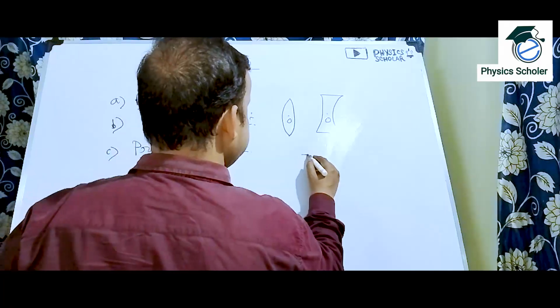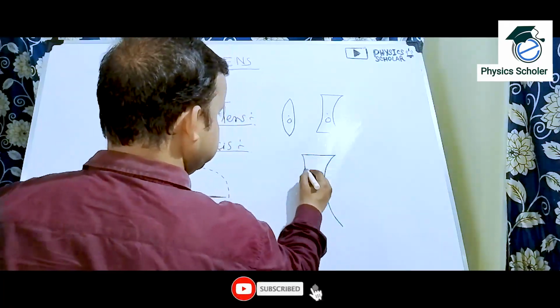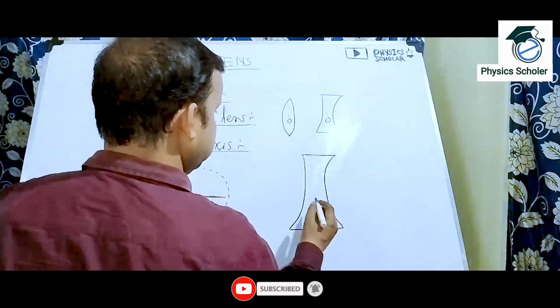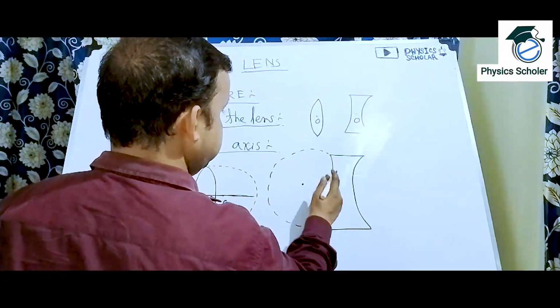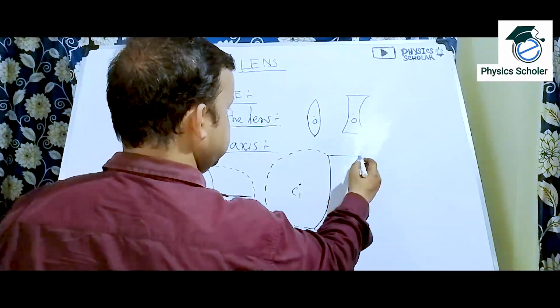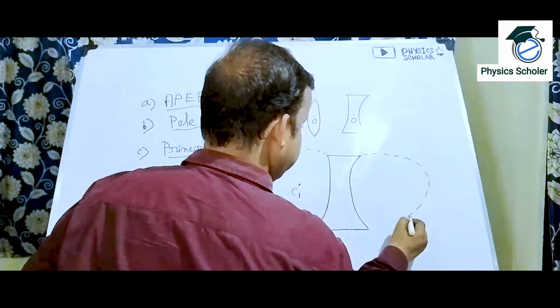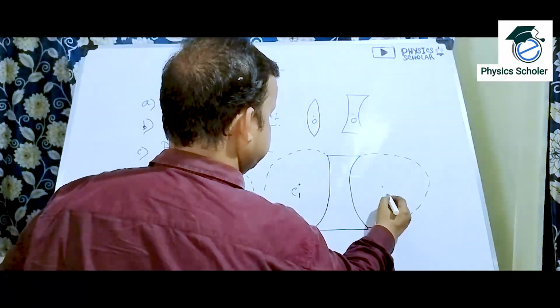And what will be the principal axis of a concave lens? Suppose this is the sphere of this surface, with center C1, and suppose this is the sphere of the other surface, with center C2.